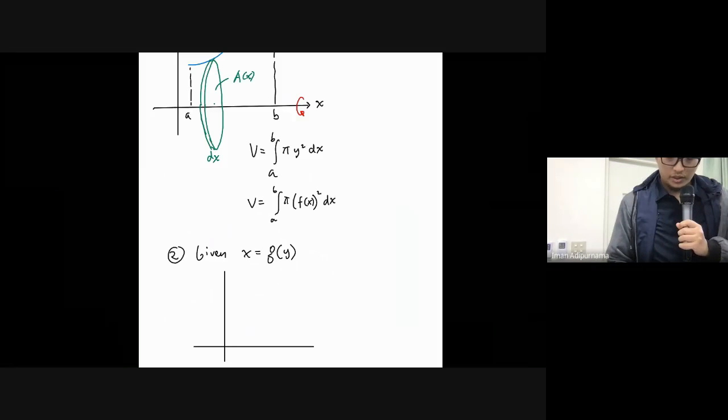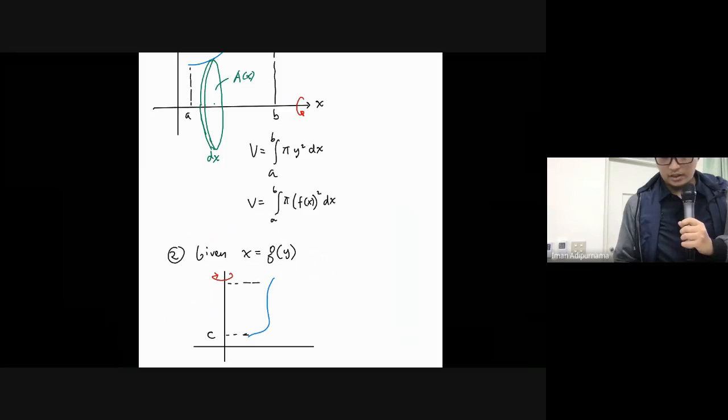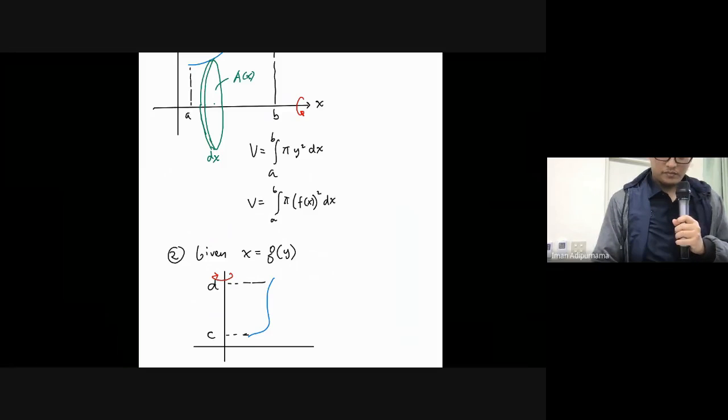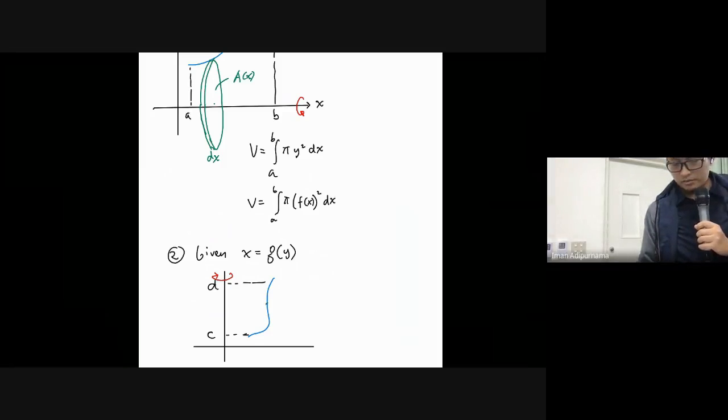So now we are rotating through the y-axis. Let's say this is our graph, and this is A, let's say C, and then this is D. And now our rotation, or our disk, is this one.